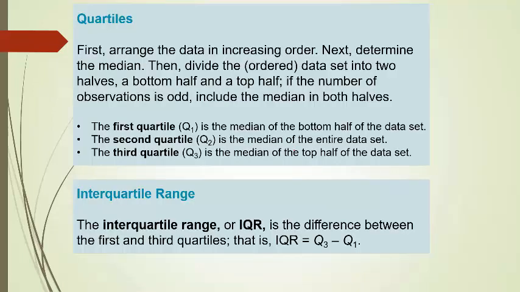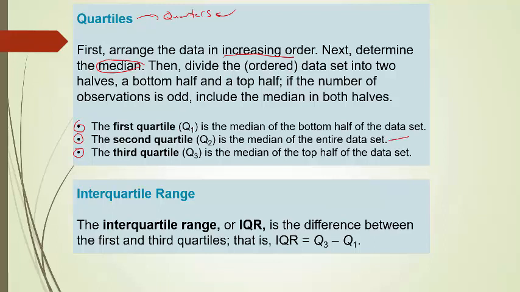The way you find quartiles is first you arrange the data in increasing order. Then you're going to find 3 quartiles. When you think of quartiles, what obviously comes to mind is quarters, so you want to divide the data up into different quarters. The first one you find is the median.